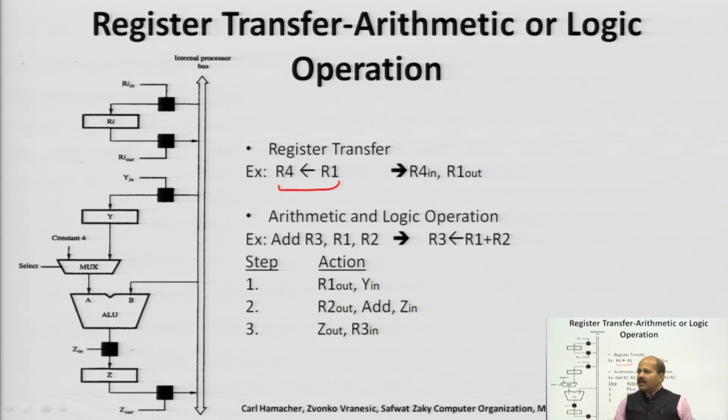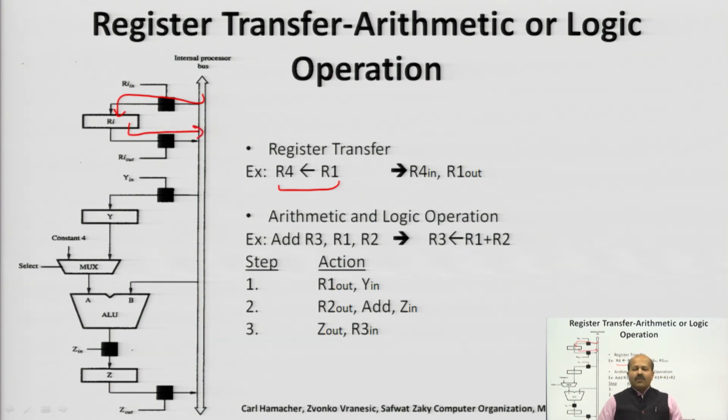Through the input gate, the component will take the data from the bus. If this input gate is open, there is a path from the bus to the particular component, suppose it is R1, and if the out gate is open, there will be a path from that component to the bus.